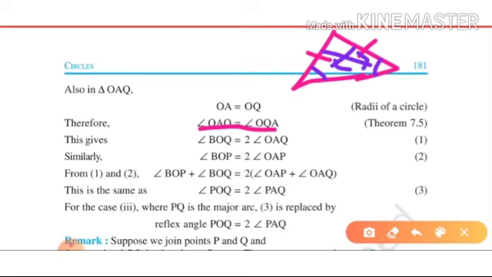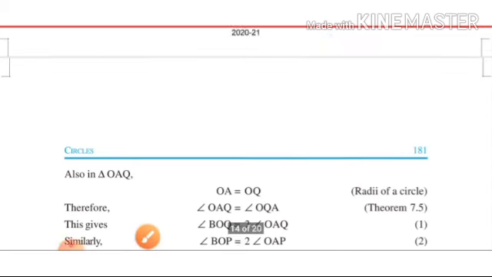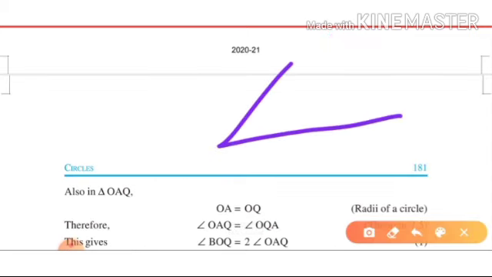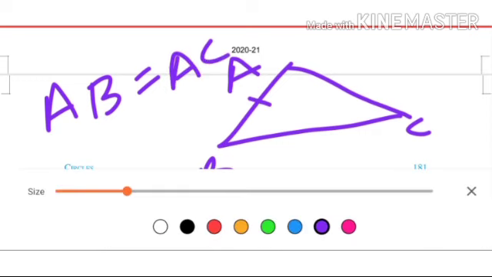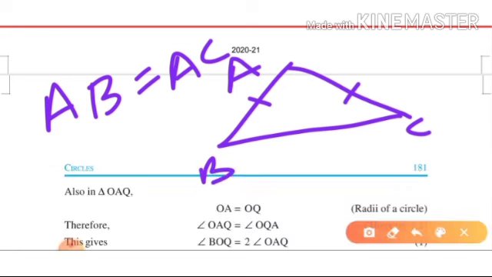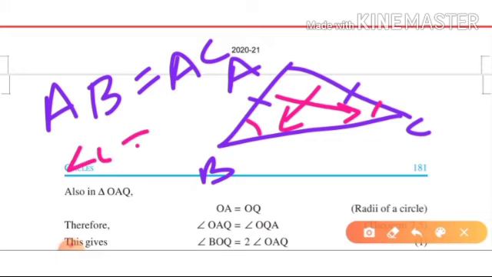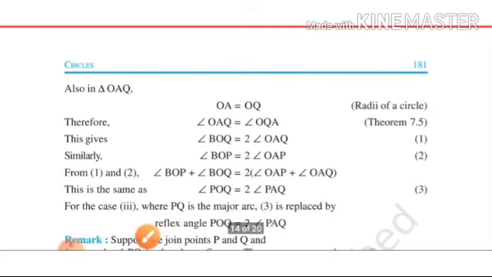Like this, if we take ABC as a triangle, if AB is equal to AC, then angles opposite to equal sides are also equal. So angle C is equal to angle B. So this is what is done here.